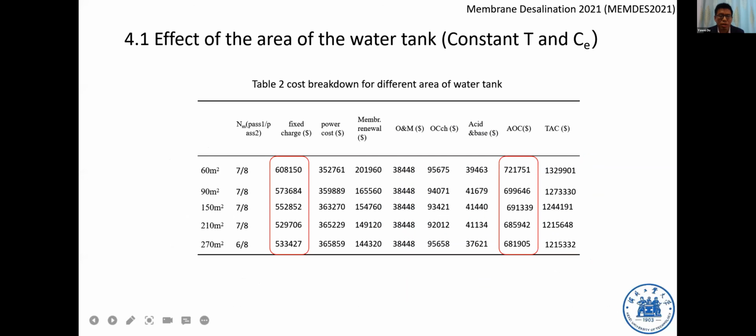First, we calculate the effect of the area of the water tank at constant temperature and electricity price. We can see that if we increase the water tank, the annual operation cost and the fixed charge are also decreased, and the best size is 210 square meters.